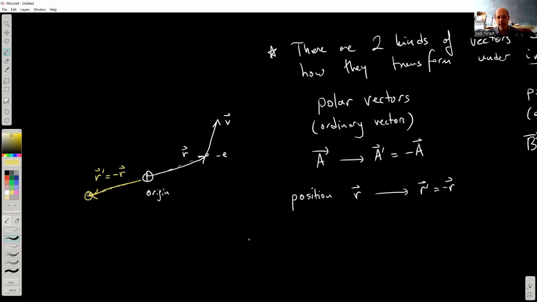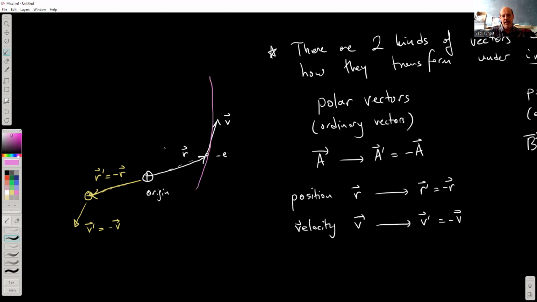Okay. And velocity is essentially the time derivative of position, and as a result, this also changes direction under inversion. So in here, for example, the velocity of the inverted electron would be V prime, which is equal to minus V. Okay. In any case, if that electron follows a path like that, this electron is going to follow an inverted path, right?